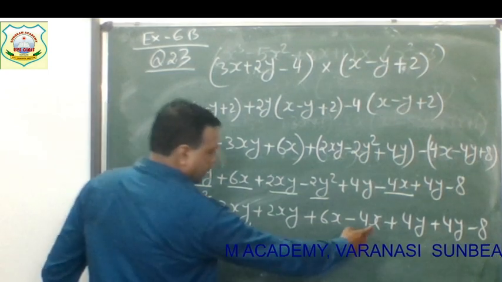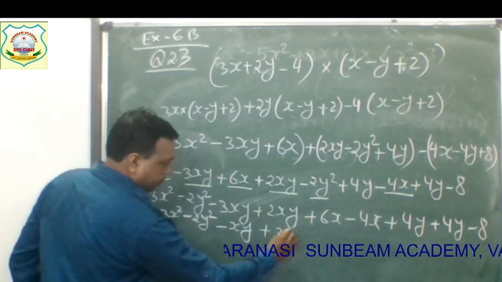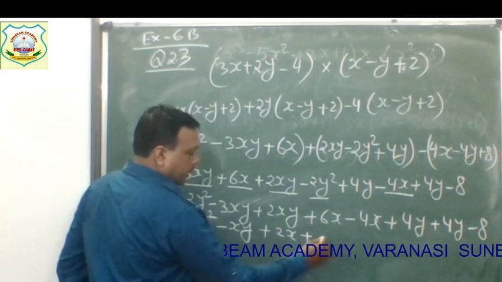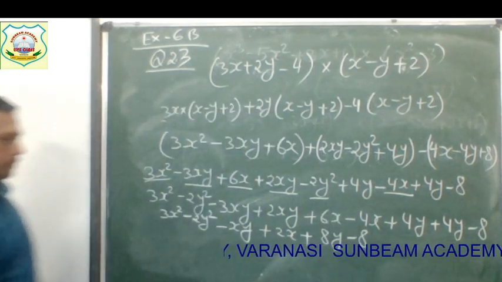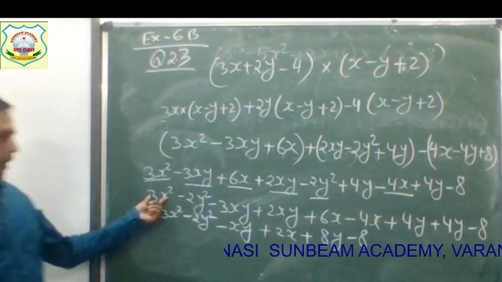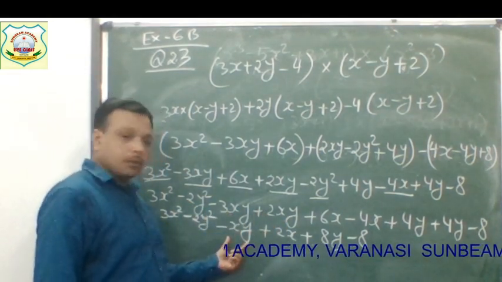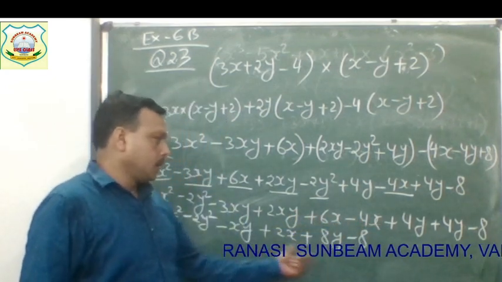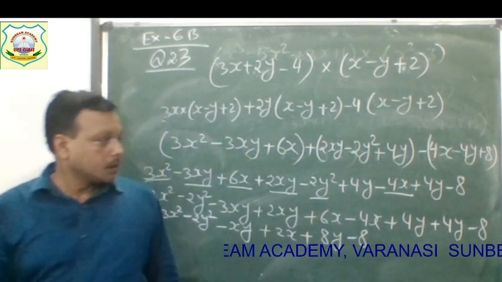Plus 6x minus 4x, 6 is greater than 4, so plus 2x. Plus 4y plus 4y, both are plus, so 8y, and minus 8. So the answer: 3x square minus 2y square minus xy plus 2x plus 8y minus 8. Students, note it down.